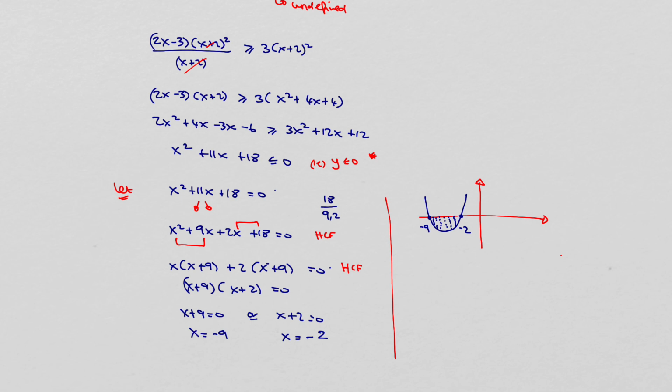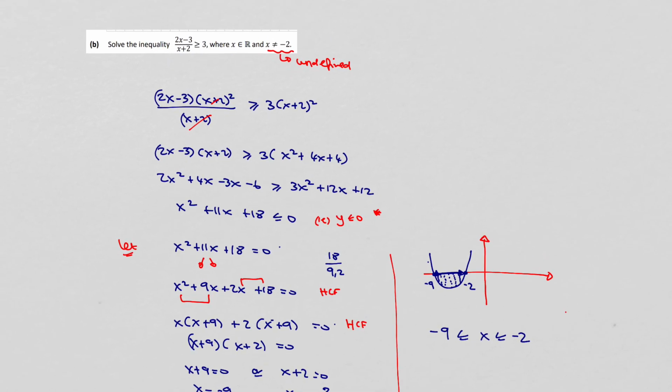And if I was to go to minus 10, my y value would now be above the x-axis, in other words, positive. So therefore that means that in order for us to get a negative y value, we must only be getting an x value between minus 9 and minus 2. Okay, so therefore that means that our answer is x lies between minus 9 and minus 2.